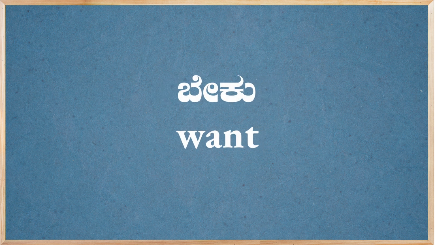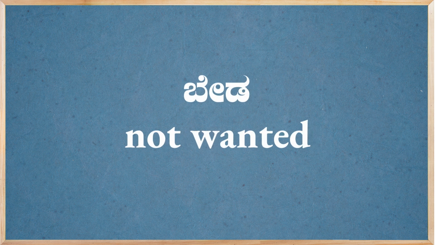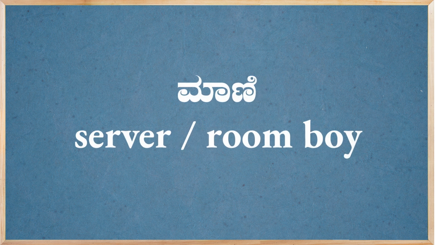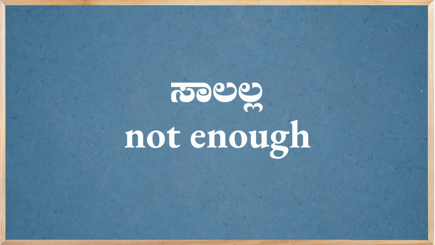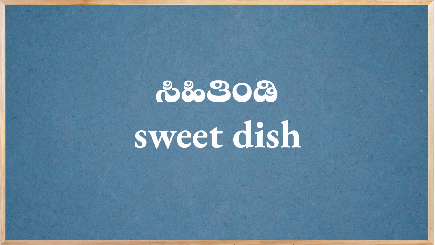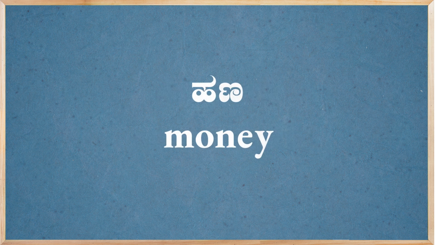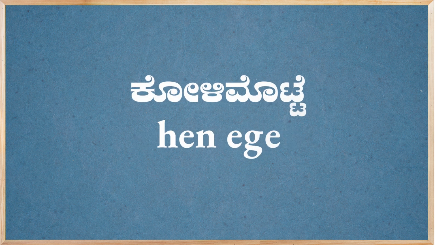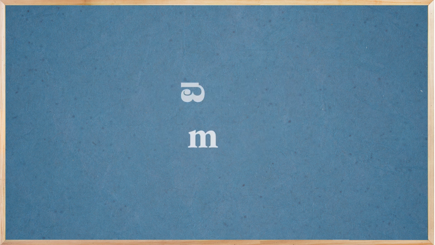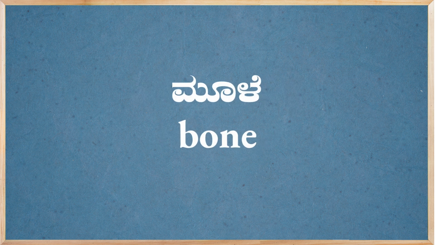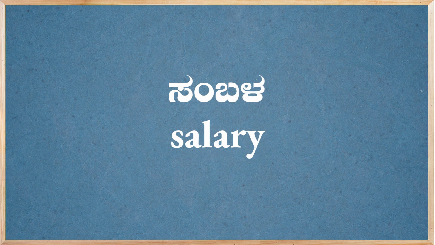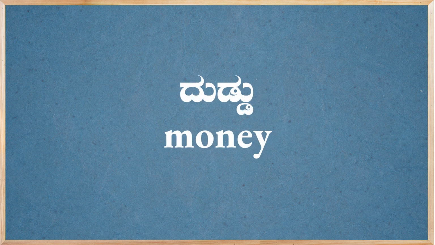Beku, want. Beda, not wanted. Mani, server or room boy. Saku, enough. Salalla, not enough. Sihitindi, sweet dish. Hana, money. Koli motte, hen egg. Mamsa, meat. Moole, bone. Sambala, salary. Duddu, money.